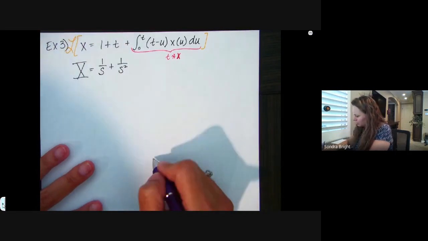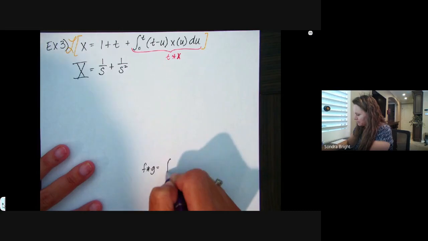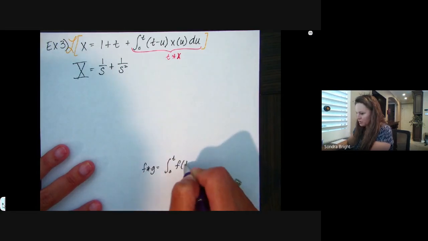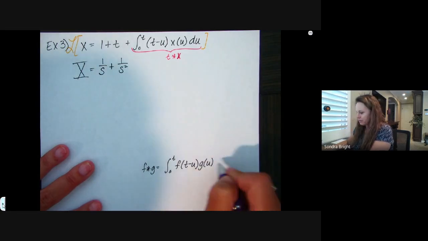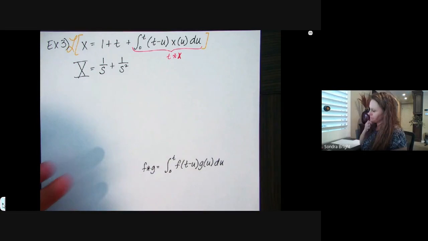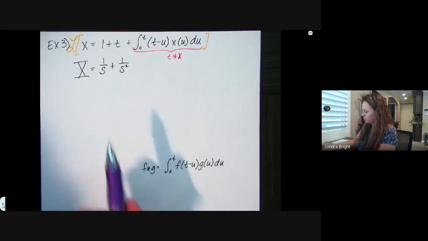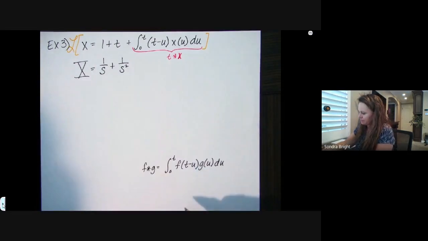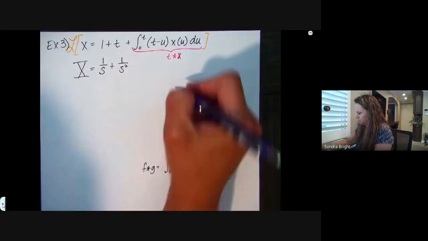Just as a reminder, if you do the convolution of f and g, it is the integral from 0 to t of f of t minus u times g of u du. And so if all you see is a t minus u, that means f of t is t.